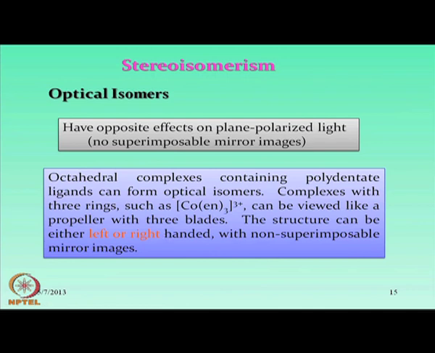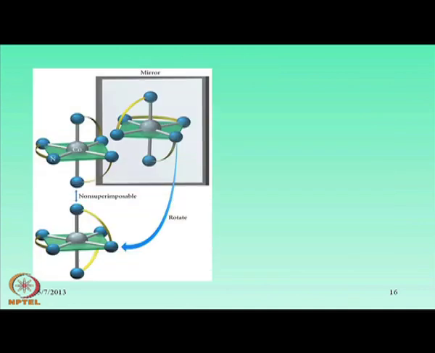If we consider these arrangements, left handed and right handed, it can also be considered as the corresponding helicity. So, helicities are all different. This is one particular type of arrangement, and this one is the mirror image.